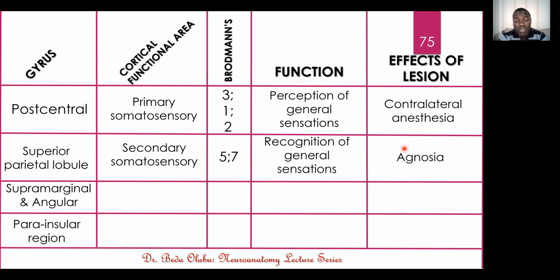However, the non-dominant hemisphere tends to recognize self, to identify yourself. And what does that mean if it's injured? If you injure the secondary somatosensory area on the non-dominant hemisphere, then the individual will not be able to recognize self. They will think that this part of the body is not theirs, so to speak. Now you realize we are bordering on something that could be psychiatric at this point. But that's what it is.